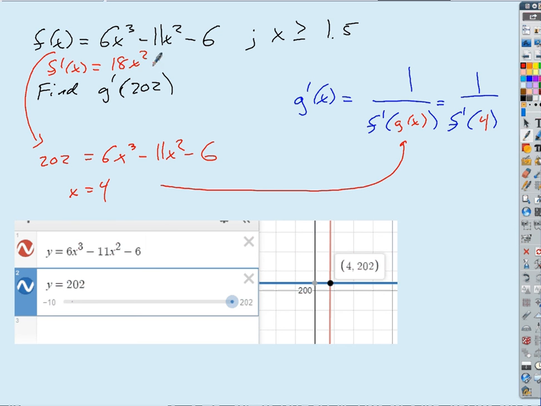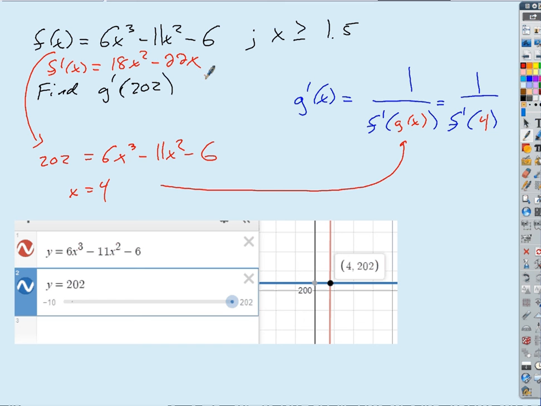18x squared minus 22x. So if I plug 4 in, somebody, what do we get? We plug that in. So what do we get? 288 minus 88.